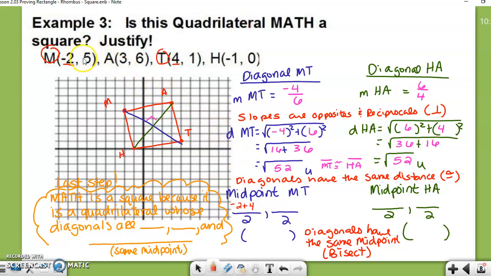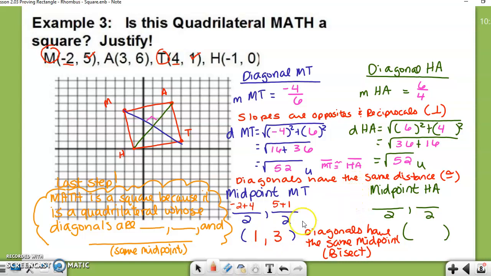Now I'm going to look at the y values. I have a 5 and a 1. -2 plus 4 is 2 divided by 2 is 1. 5 plus 1 is 6. 6 divided by 2 is 3.